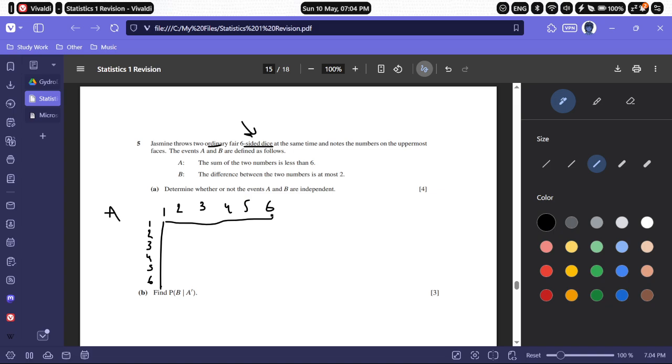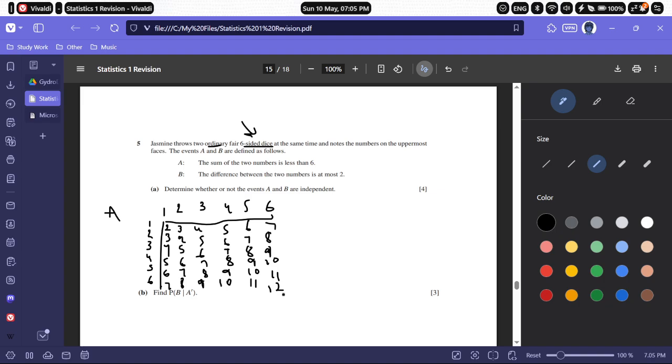So just add up all the numbers and write the sum: 2, 3, 4, 5, 6, 7, then 3, 4, 5, 6, 7, 8, and I'll just write everything down, 5, 6, 7, 8, 9, 10. Now this is for all these sums.